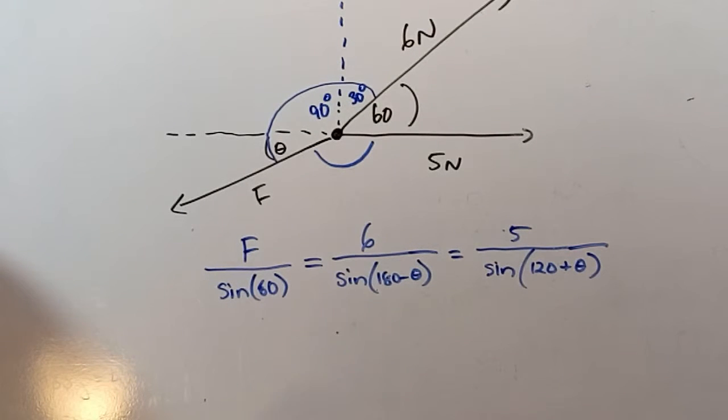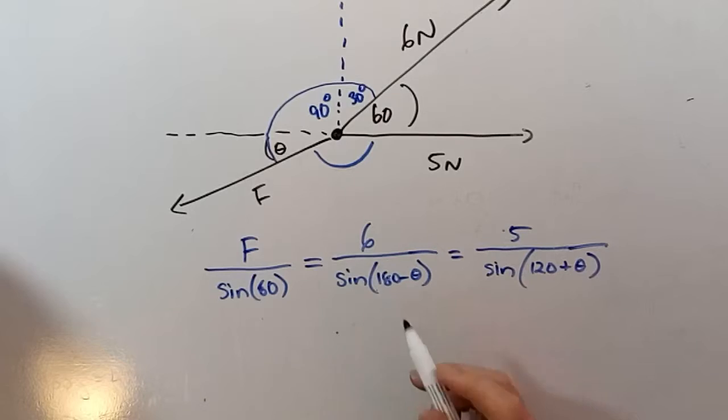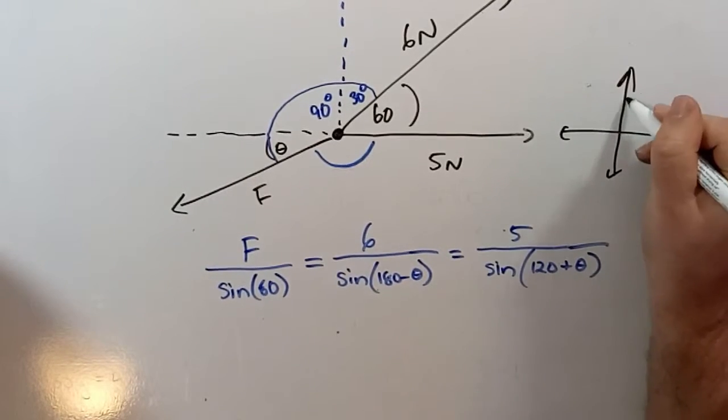So we can set up our simultaneous equations from here. Oh, hang on. Let's have a look at sine of 180 minus theta. Let's think of our unit circle for a minute.